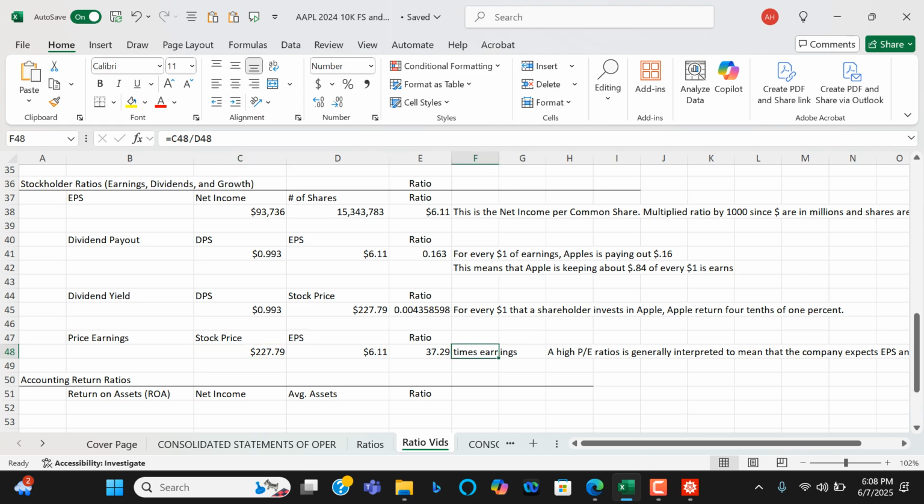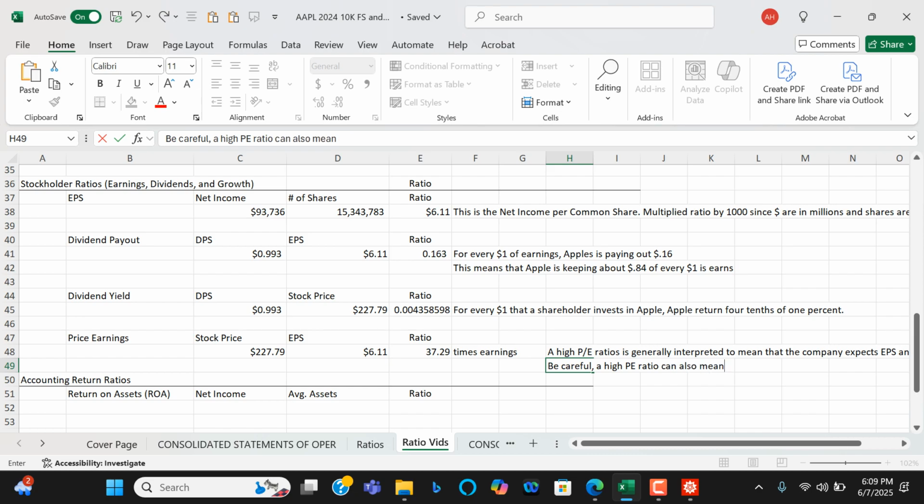However, there's a couple of caveats. Be careful. A high P/E ratio can also mean that a stock is overvalued. That happens a lot of times.